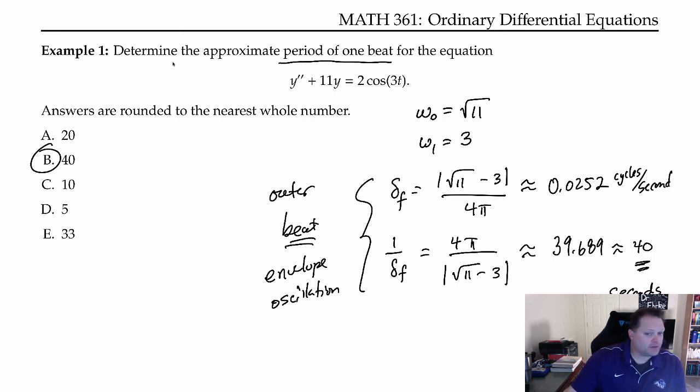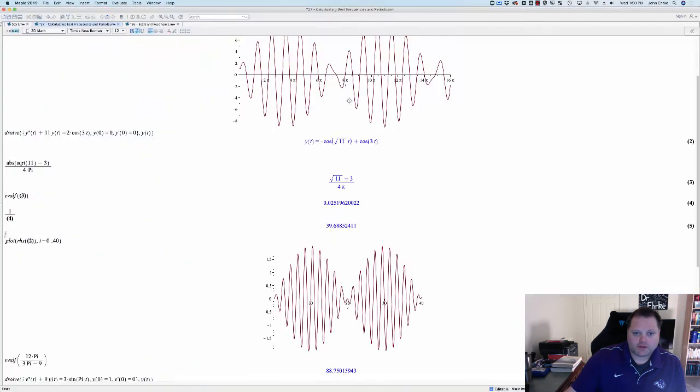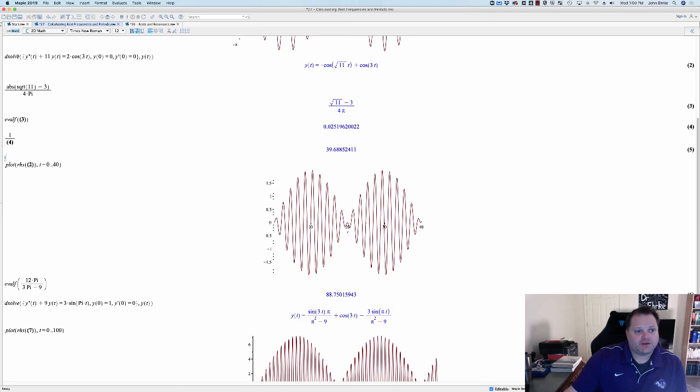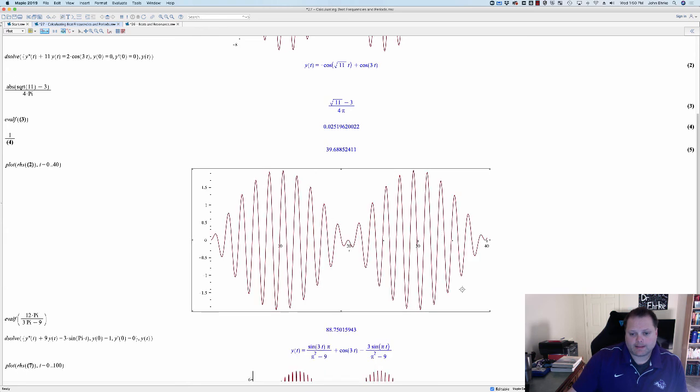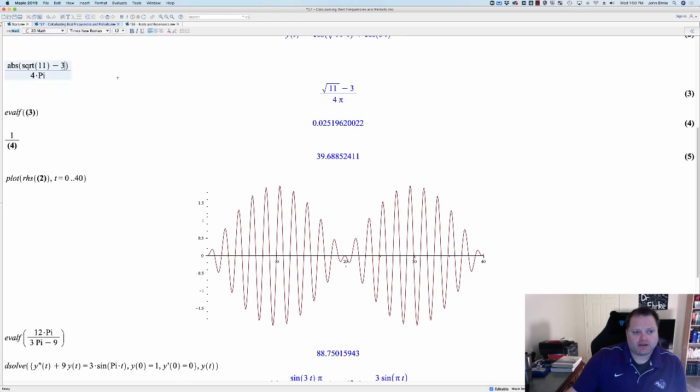Let's take a look at it in Maple real quick. You can see here I have the differential equation that we're looking at. I'm looking at it under initial conditions 0, so I could get the response. The response looks like this. I calculated the beat frequency, and then I took the reciprocal to get the beat period.